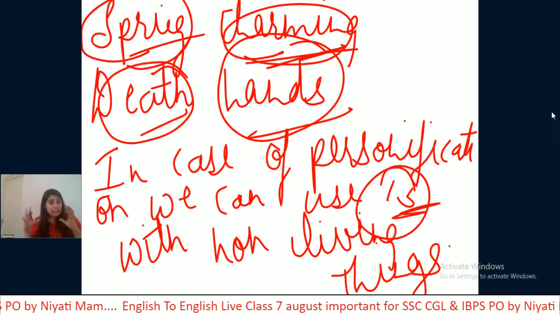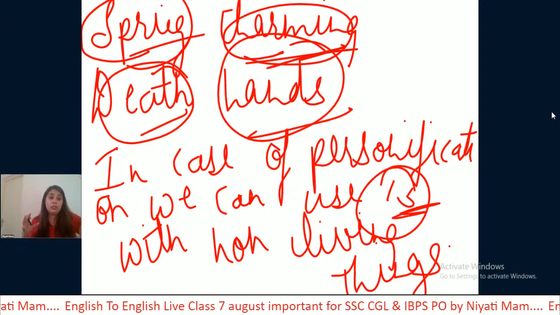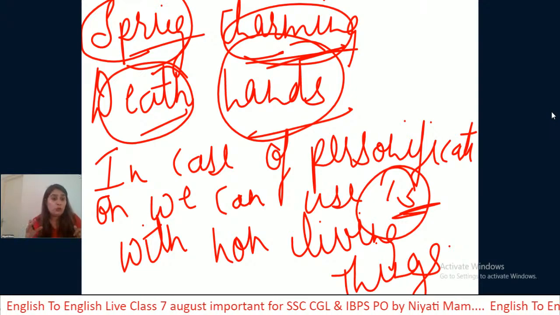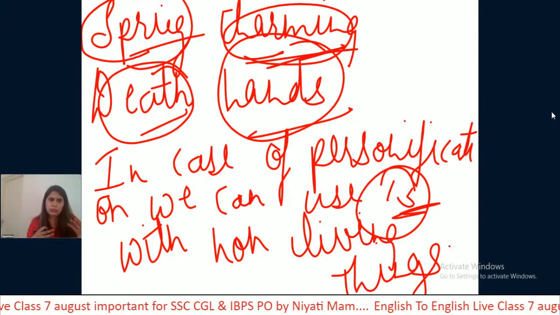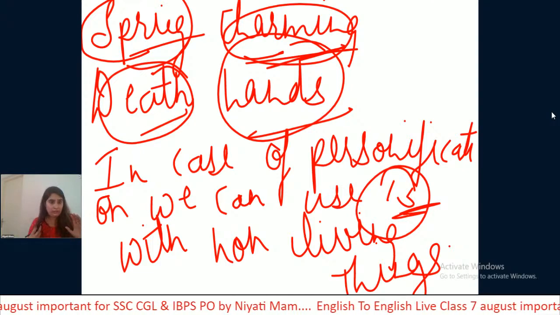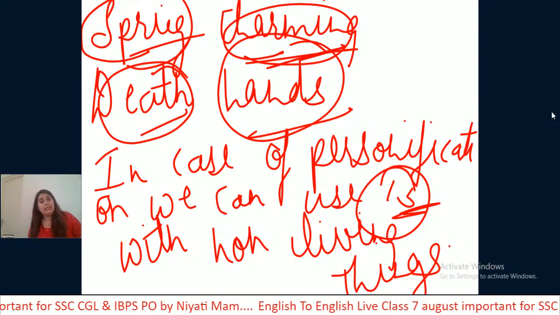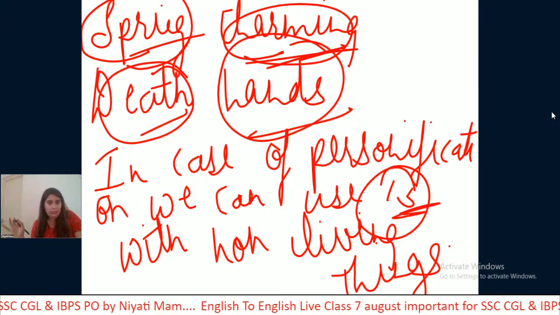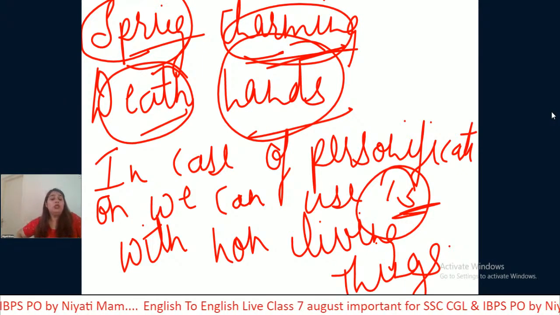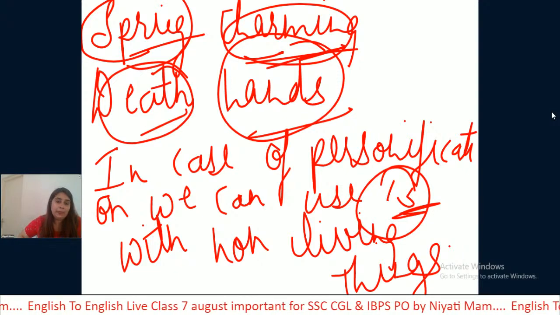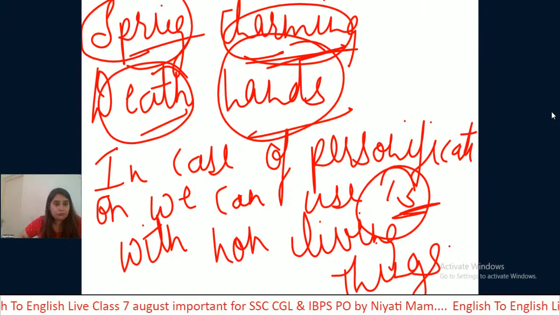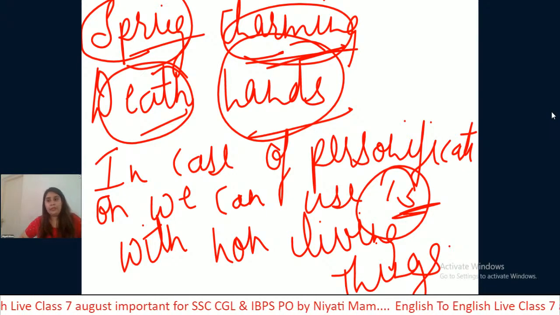So this has now become an exception of the previous rule. What did your previous rule say? Your previous rule says that we cannot use apostrophe s with non-living things. Your new rule says that in case of personification, we can use apostrophe s with non-living things. Is that clear? Okay.